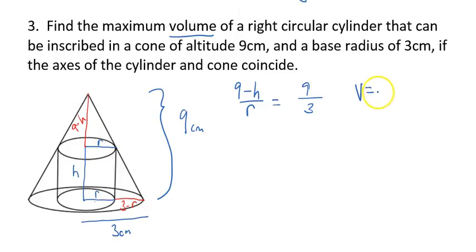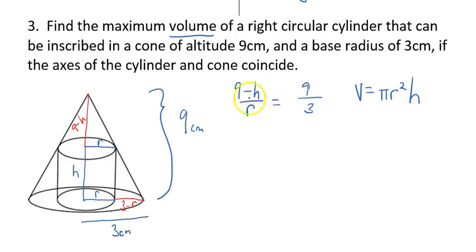The volume formula for a cylinder would be the area of the base, so pi r squared, times the height, and that would just be h right now. And I'm using this relationship over here to get this down to one variable.